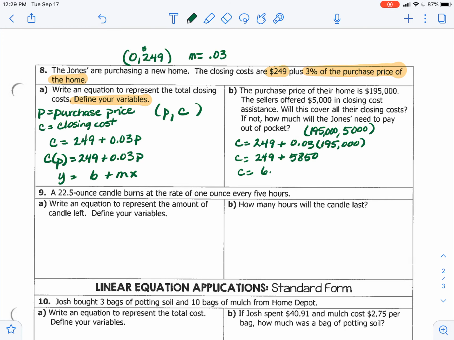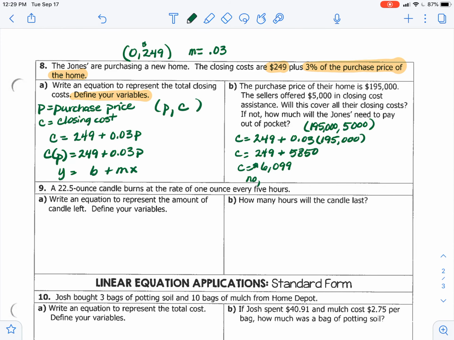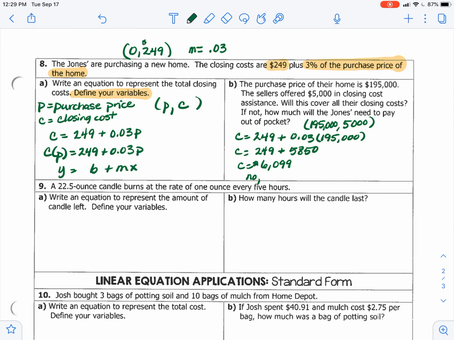So that's $6,099. And so the answer in here, the question says, will this cover their closing costs? No. And then it says, if not, how much will the Joneses pay?